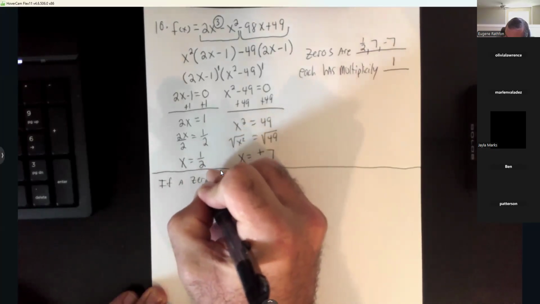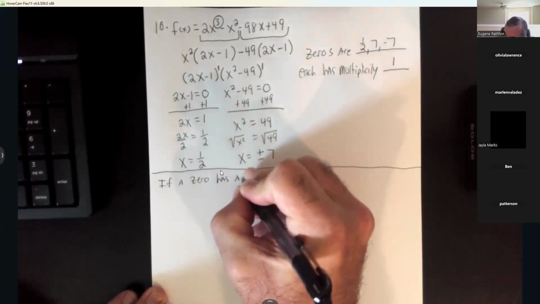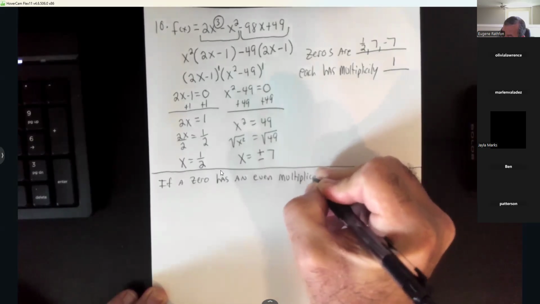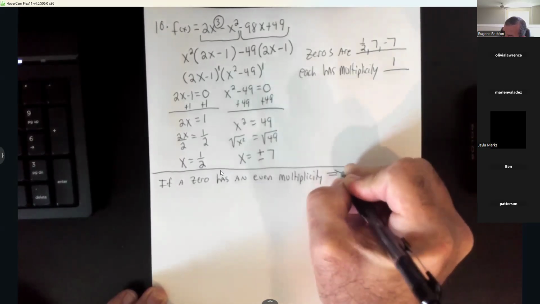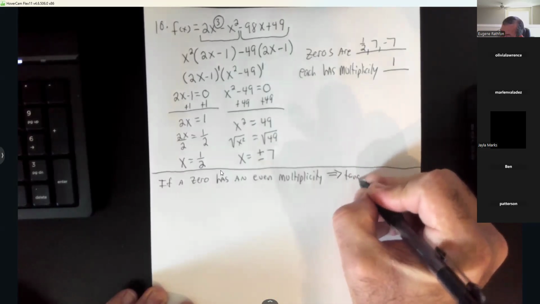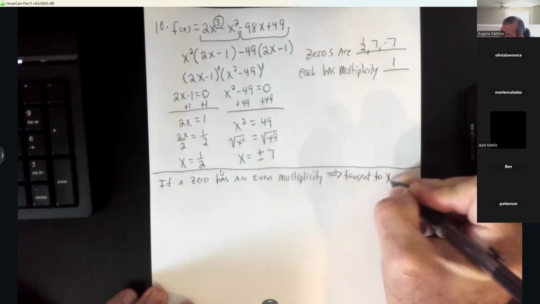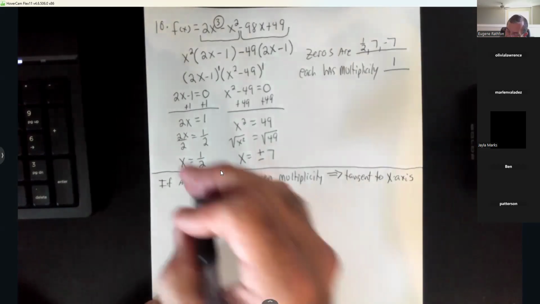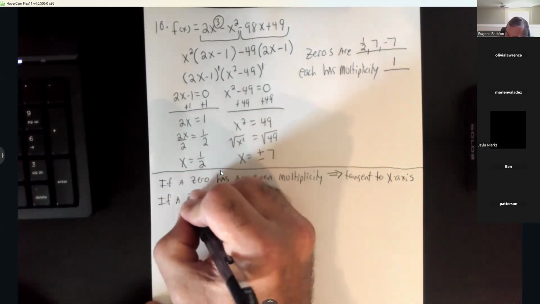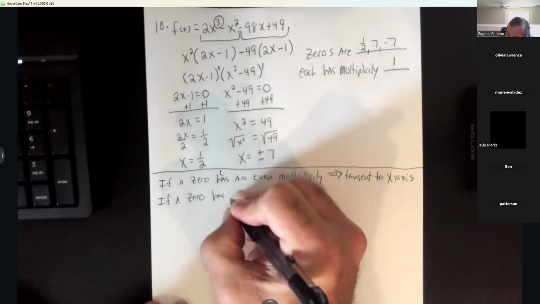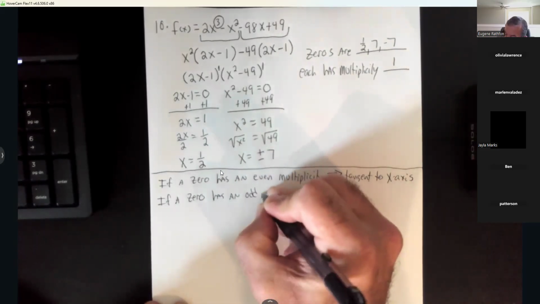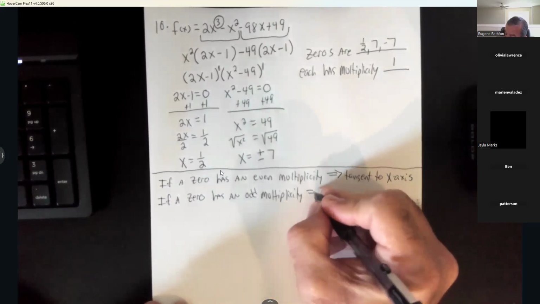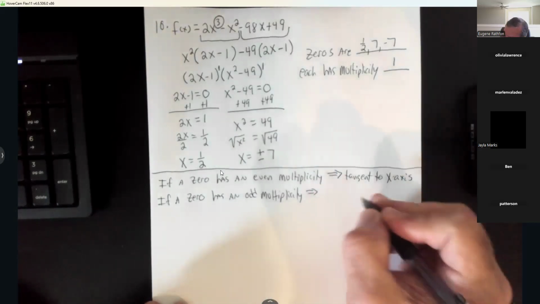If a 0 has an even multiplicity, then it's tangent to the x-axis. That means it just comes up and touches it and goes back down, okay? If a 0 has an odd multiplicity, then it crosses the x-axis.